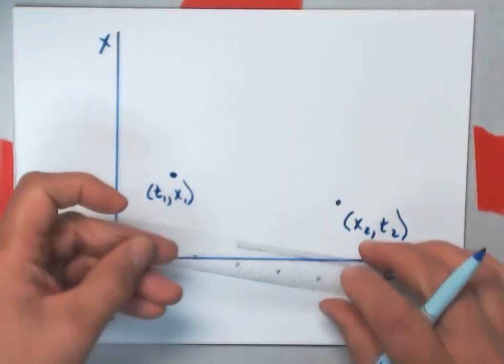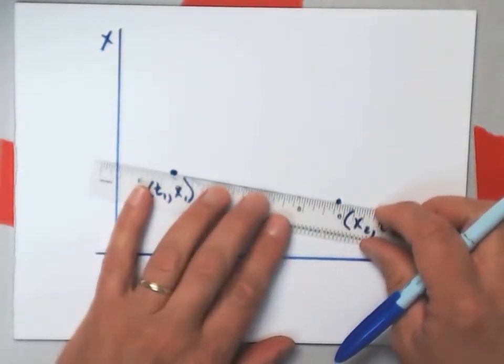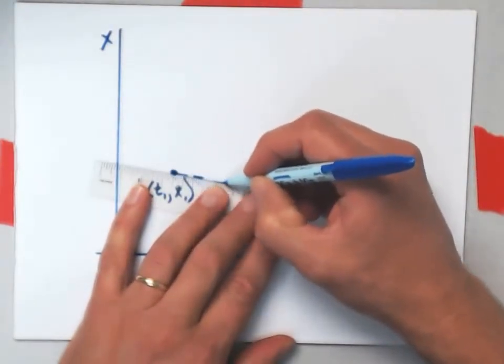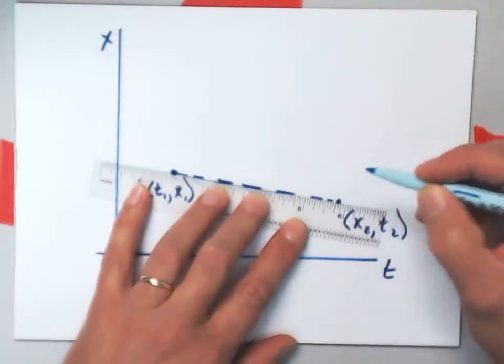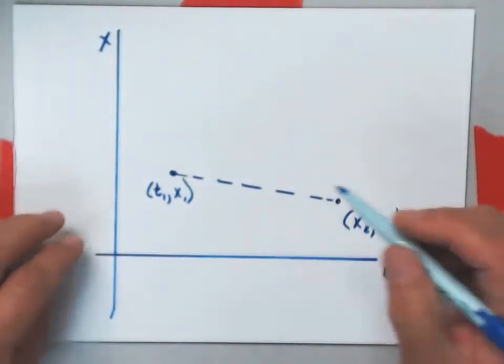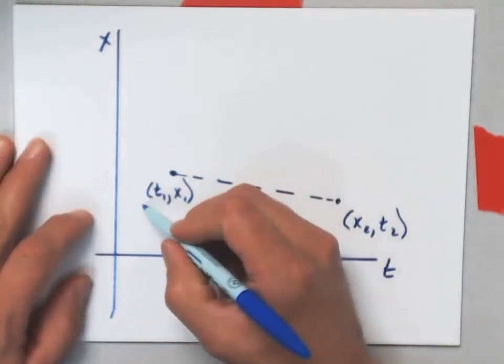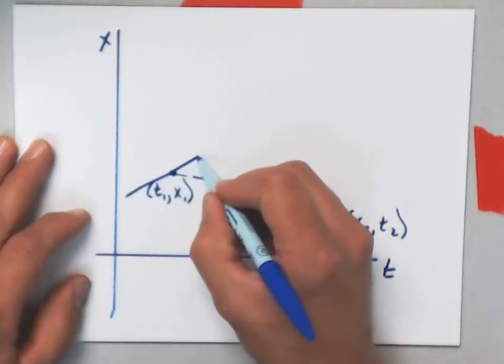Now, if I was to calculate a velocity based on those 2 points, what I would be getting is the slope of the line that connects those 2 points. But let's suppose that the actual x versus t curve looks like this between these 2 points.